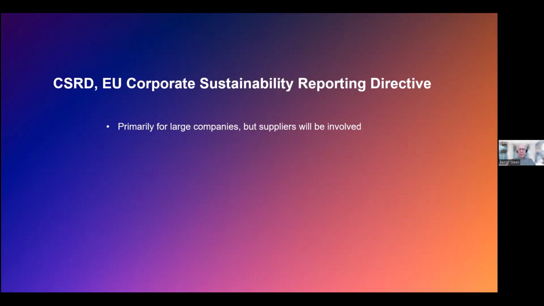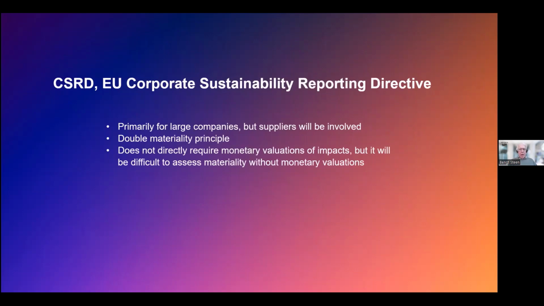It's applied, so they have to report on sustainability issues. And there is a double materiality principle applied here. That means that it should be essential for the business of the company, and it should also be essential for society. So those issues are required to be reported on.